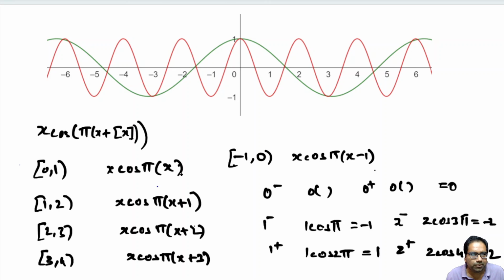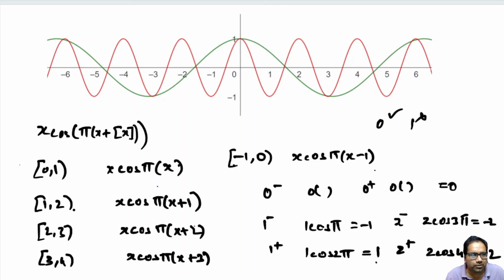From the left side, it becomes 1 times cos(π). Cos(π) is -1. If you approach from the right side, it becomes 1 times cos(2π). Cos(2π) is 1, so approaching from the right it is +1 and approaching from the left it is -1. So it is discontinuous at 1. At 0 it is continuous, discontinuous at 1.